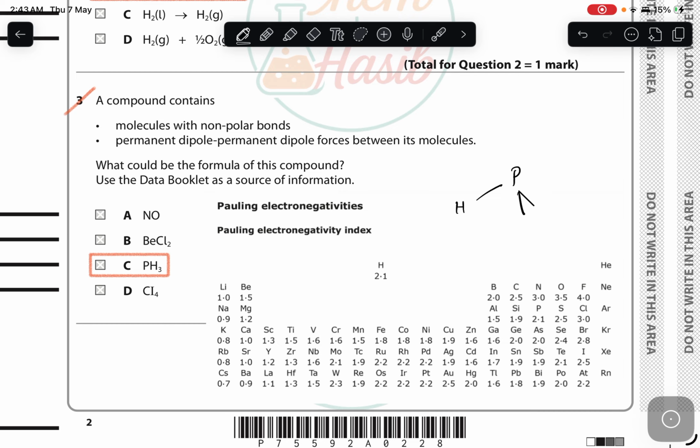The PH3 molecule is trigonal pyramidal. If you draw the shape of the PH3 molecule, you would see that there is a lone pair. Now, these bonds are non-polar, so they don't have a dipole moment, but the lone pair has a dipole moment. A lone pair always has a dipole moment, and that is why this molecule will have permanent dipole forces between its molecules because of the lone pair, and that is why C is the answer.